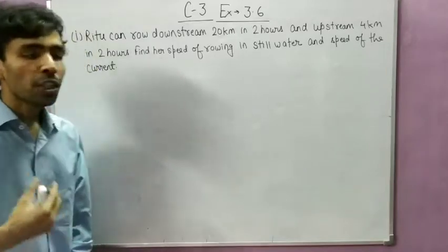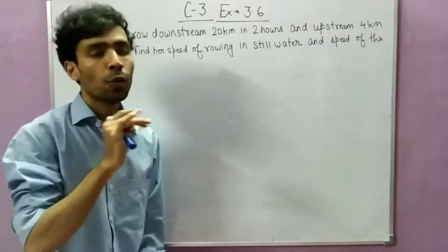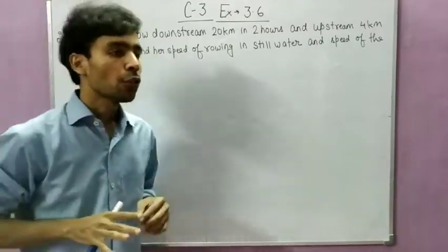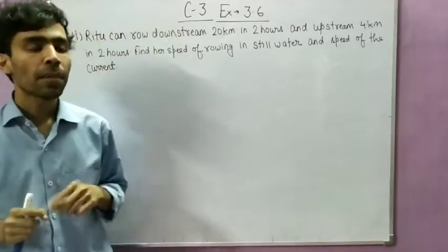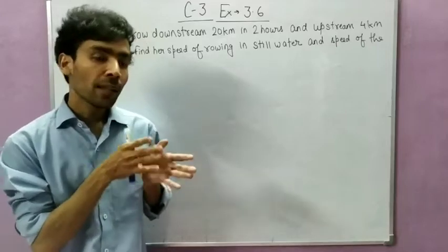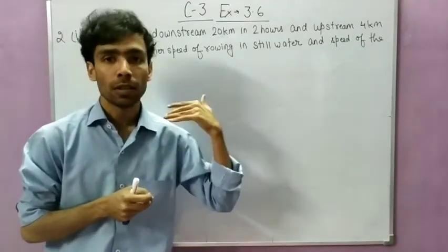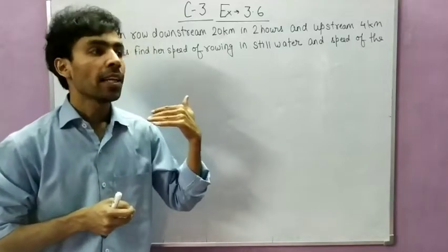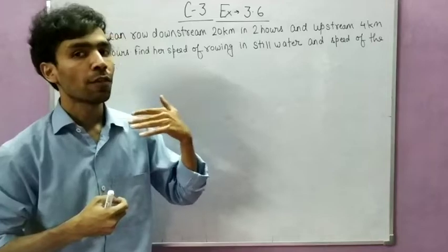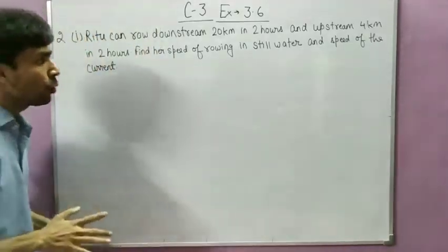Ritu is a girl who is rowing. Rowing means flowing, in a river. When I told you upstream and downstream, I told you two things. In upstream, the direction of the stream and the direction of the boat is opposite, and in downstream, the direction of the stream and the direction of the boat is the same.